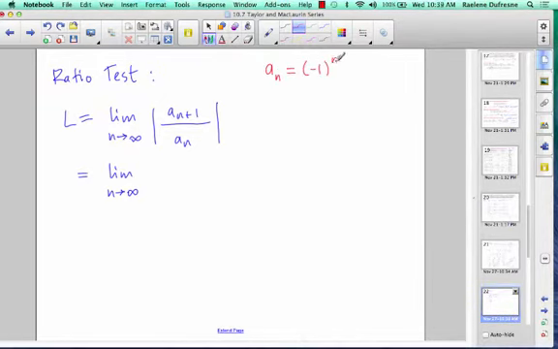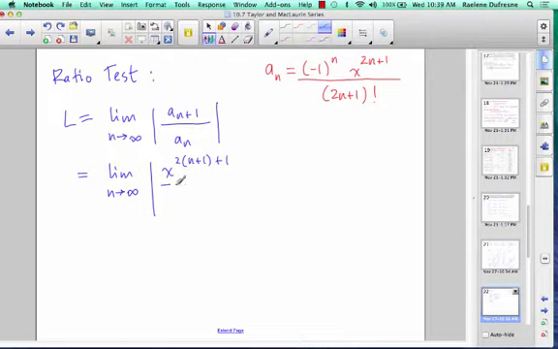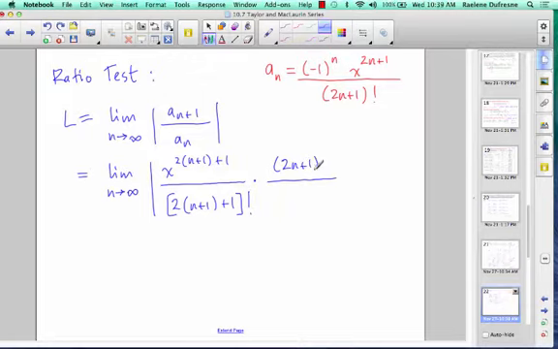It is -1 to the n times x to the 2n plus 1 divided by 2n plus 1 factorial. And we'll do it very carefully. We take the absolute value, so this -1 to the n will not be involved. We will have x to the 2 times n plus 1 plus 1 divided by 2 times n plus 1 plus 1 factorial, times the reciprocal, 2n plus 1 factorial over x to the exponent 2n plus 1.